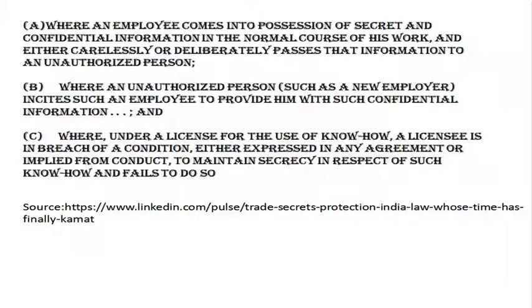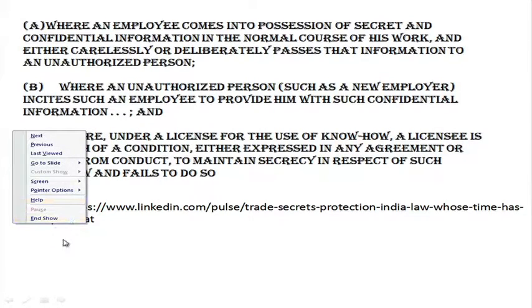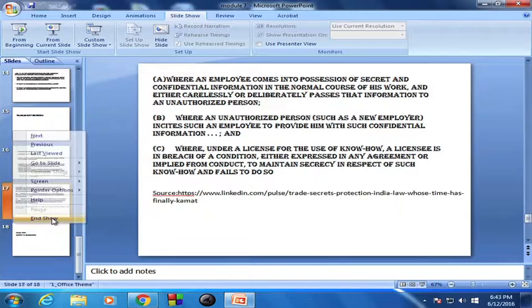Now, information theft and breach of agreements related to information may happen. So different situations may prevail in the business circle that lead to the breach of trade secret.